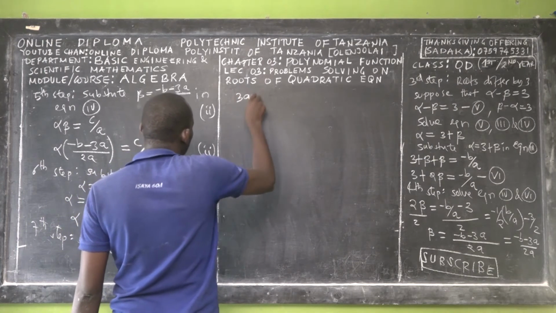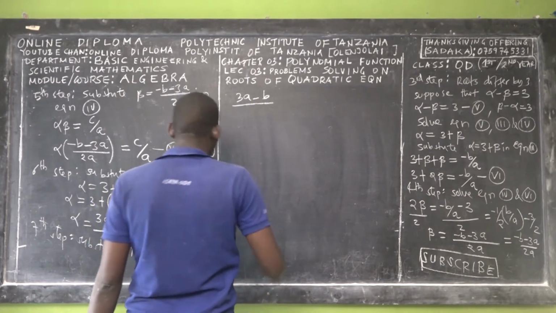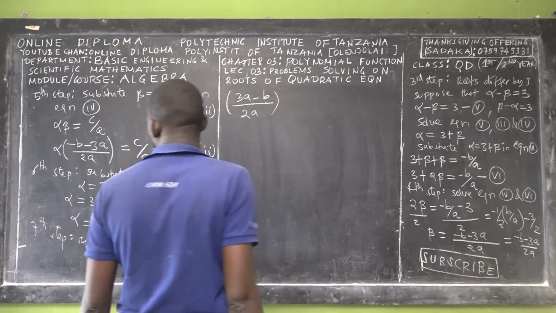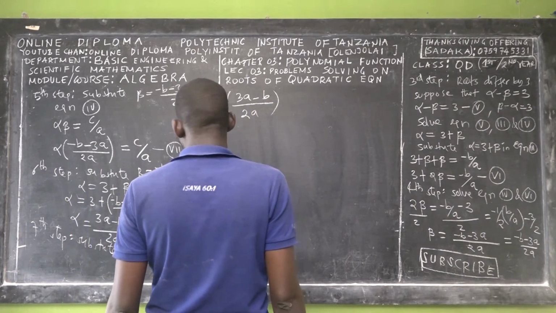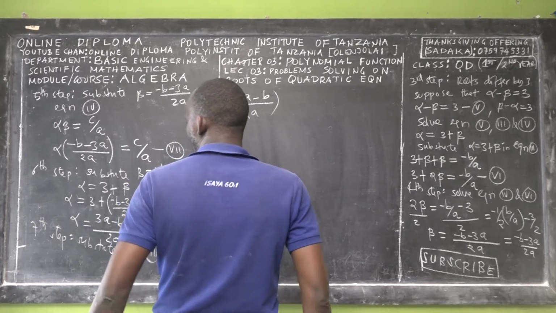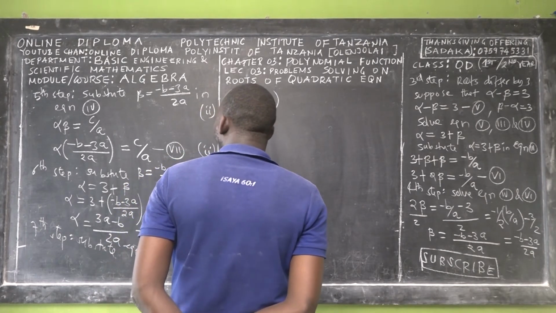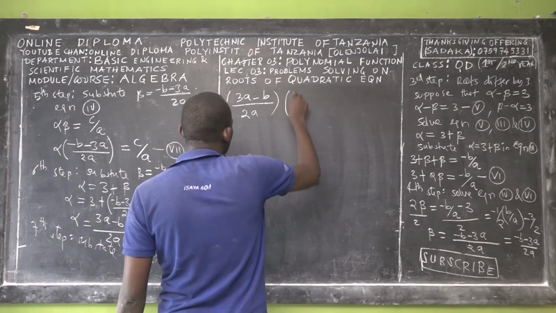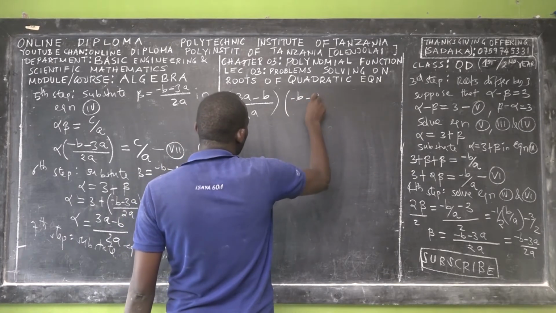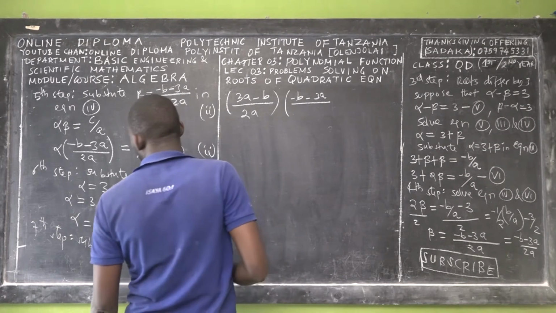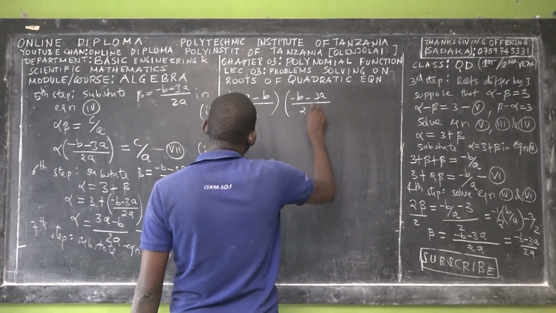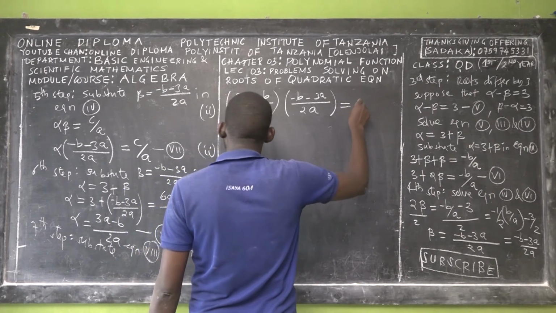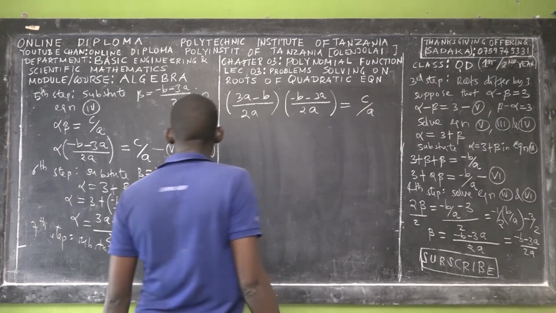Alpha is 3a minus b over twice a. Then this one also you have to multiply with negative b minus 3a over twice a. This one is equal to c over a.